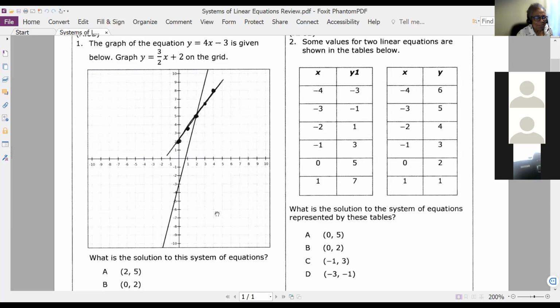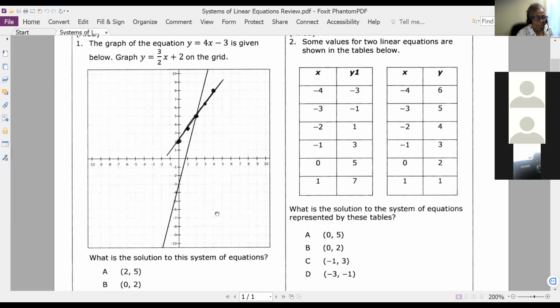You remove x and you plug it in, you put it in parentheses, plus 2. I would get 5 for the y. So I would get (2, 5). And let's say I don't have a graph.